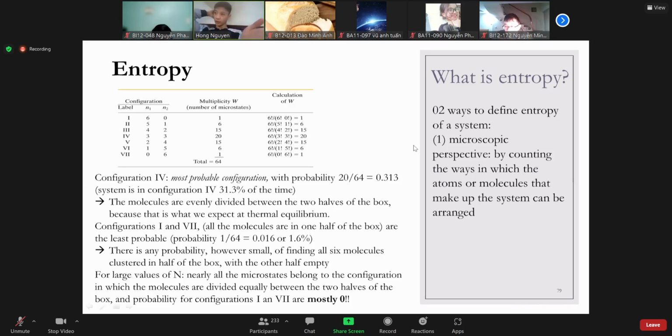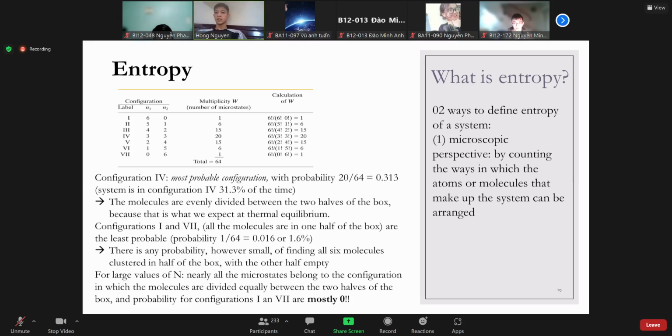If for example we consider 6 times 10 to the power of 23 atoms, what will happen? We will see that the configuration in which the molecules are divided equally between the two halves is the most probable. Why?